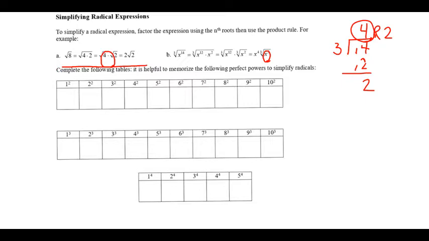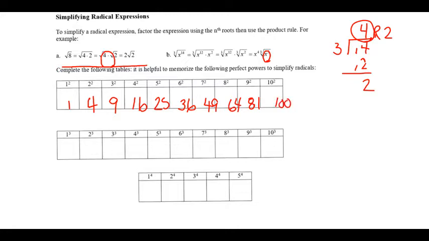And I talked earlier as well about having just the charts to help you remember the numbers. Here they give you a brief chart that's good to have. Hopefully you've already made your list so you have it with you. But 1 squared is 1, 2 squared is 4, 3 squared is 9, 4 squared is 16, 5 squared is 25, 6 squared is 36, 7 squared is 49, 8 squared is 64, 9 squared is 81, 10 squared is 100.